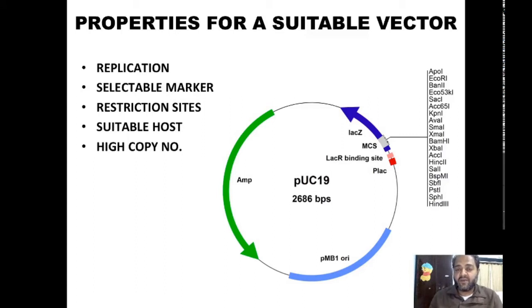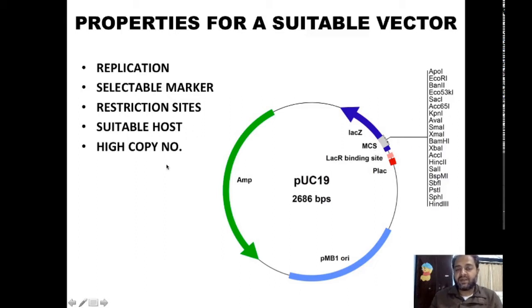So if you have options of using multiple enzymes, then you can choose out of this entire list just one enzyme which is already available in your lab, and you can use that. So the restriction sites are basically used for breaking open this circular DNA, and when it is broken, then the gene of interest can be incorporated within this particular region.